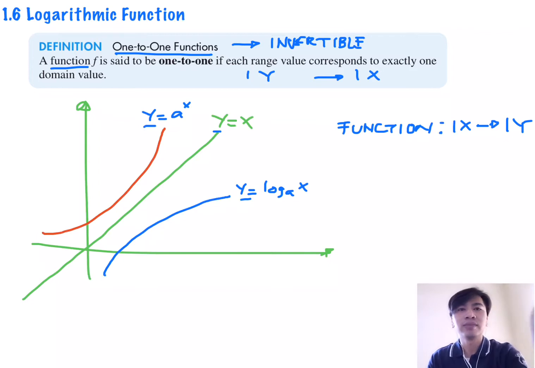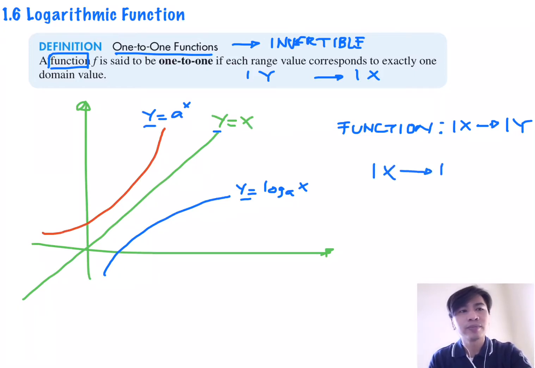Now in the function definition, we have one x, one independent variable, corresponding to one dependent variable, which is, 1 x has only one y.